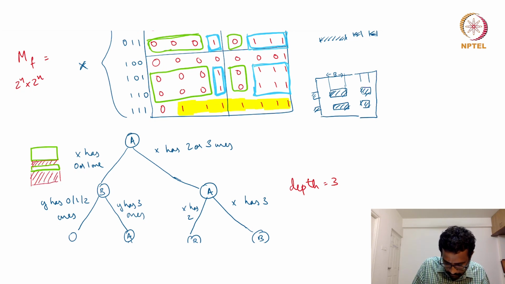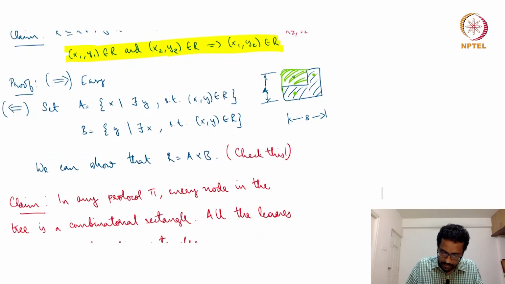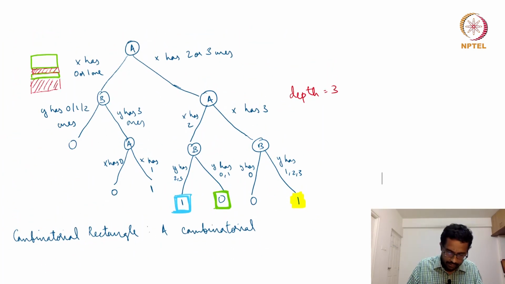As you can see, both the green and red parts are combinatorial rectangles. So the claim is that in any protocol, every node is a combinatorial rectangle. Here we came to the green part, and y having 3 ones will correspond to, let us say, this sub part here. That is a further refinement, so that is also a combinatorial rectangle.